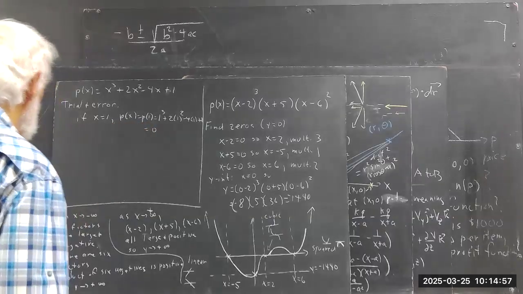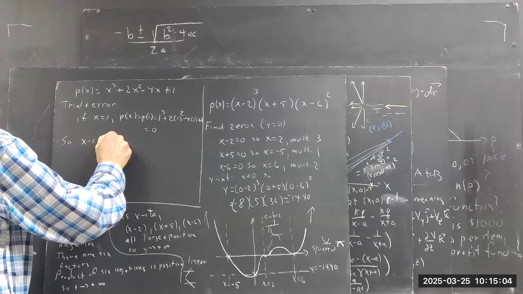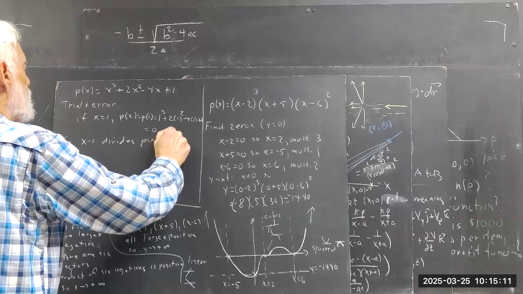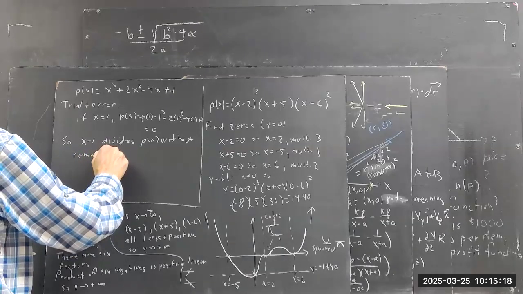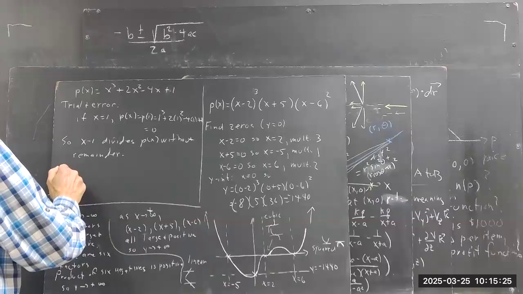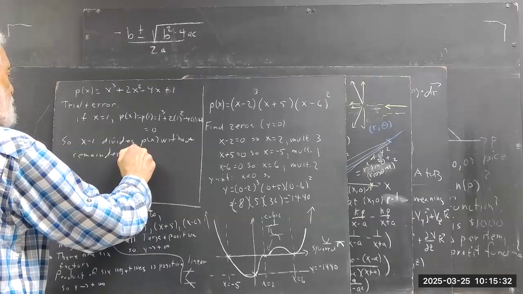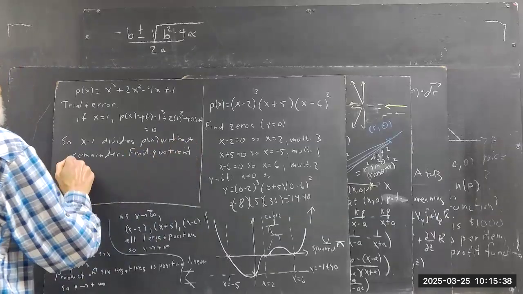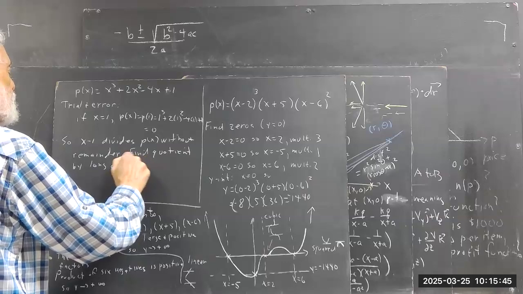You plug in 1, you're going to get 0. So x minus 1 divides p of x without remainder, by long division.